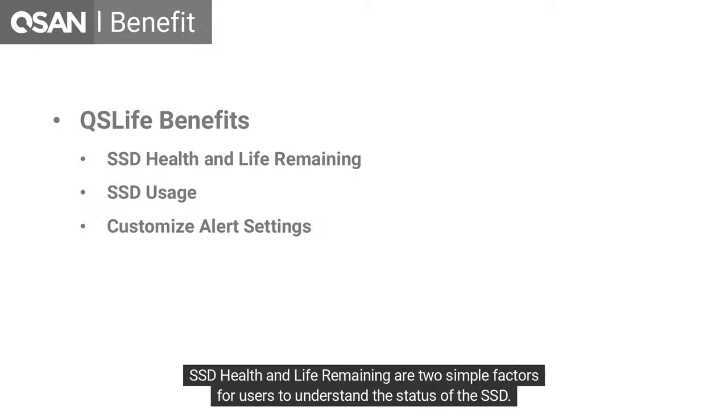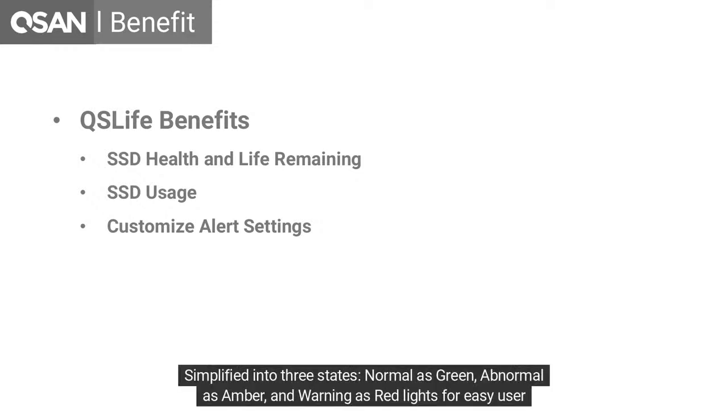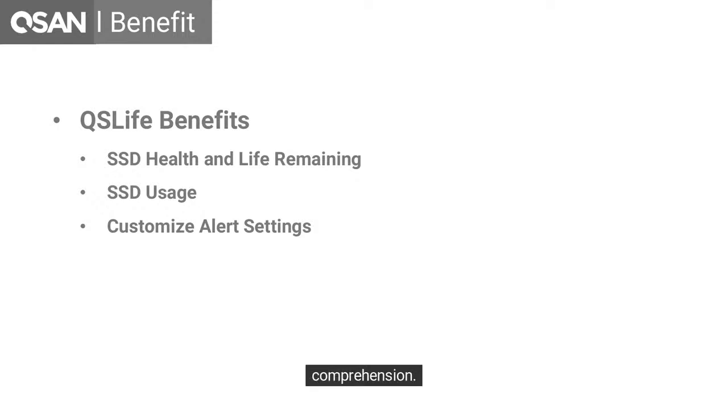1. SSD health and life remaining are 2 simple factors for users to understand the status of the SSD. SSD health displays SSD status by analyzing various variables, including the percentage of life remaining. Simplified into 3 states: normal is green, abnormal is amber, and warning as red lights for easy user comprehension.